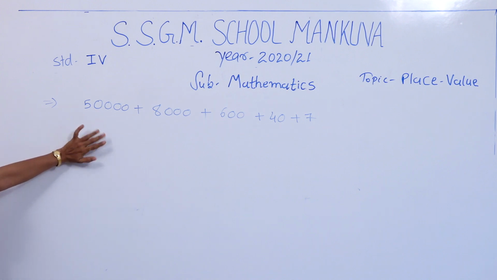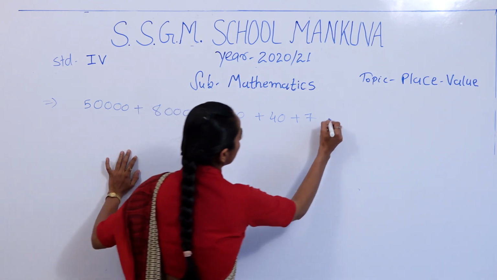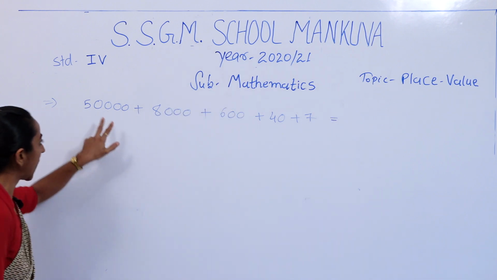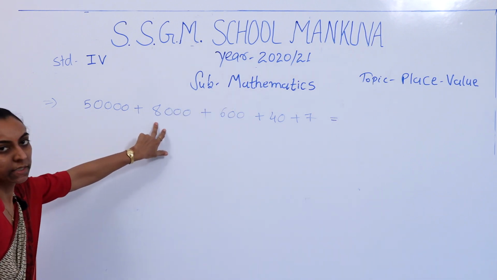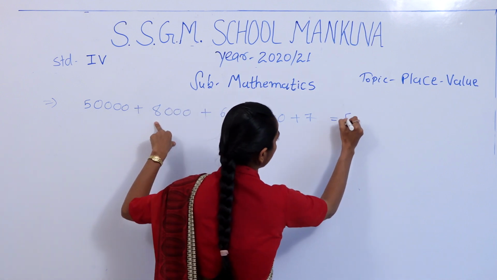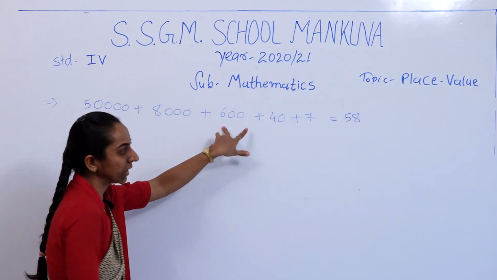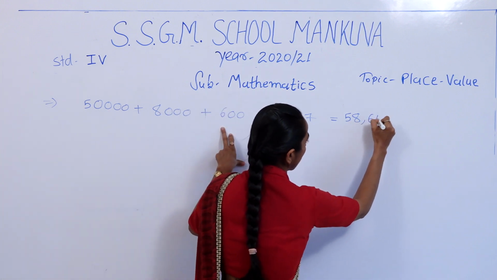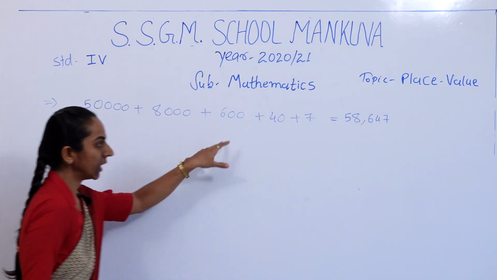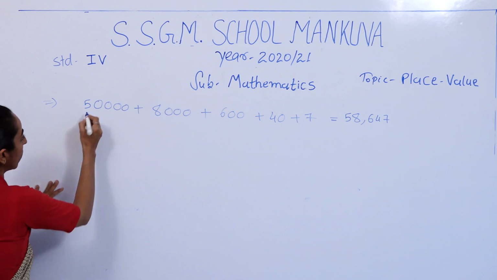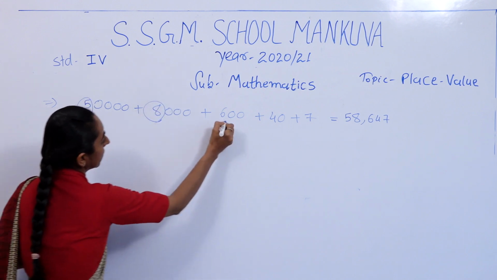Now we write the standard form. First we write 58,000, that means we write 58, then 647. That means you write only the first digit of each part.